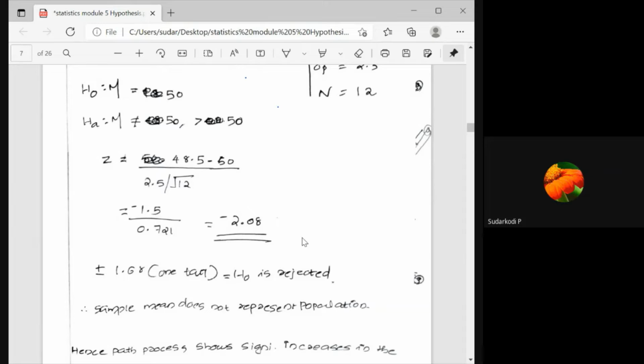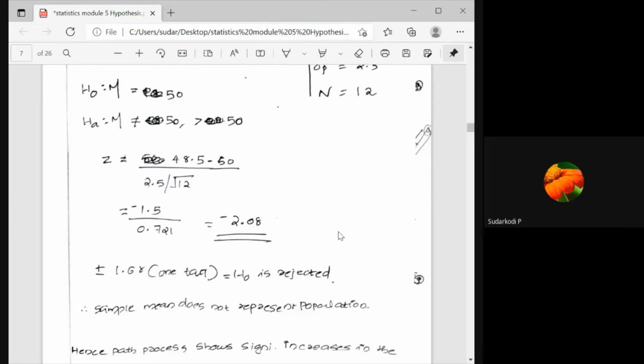You should not check between plus or minus 1.96. We check against plus or minus 1.68 because this represents one tail. Whether it lies within, here it does not. So H naught is rejected, because our answer here is minus 2.08.